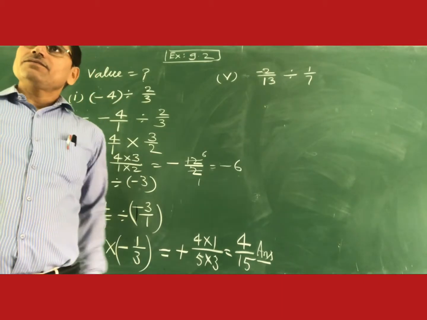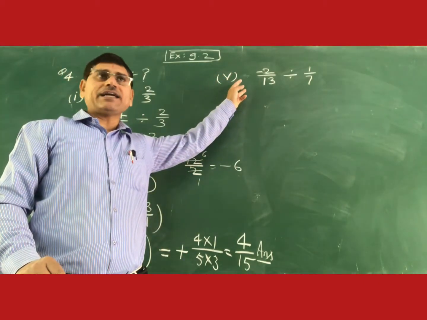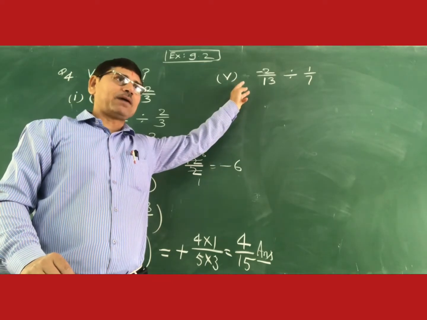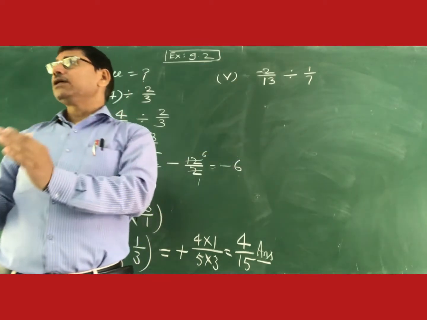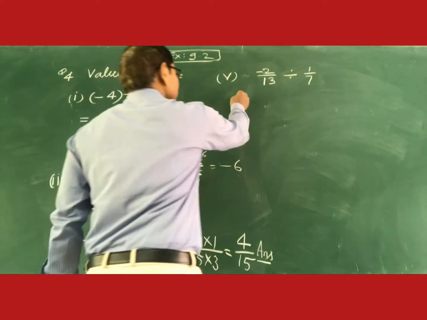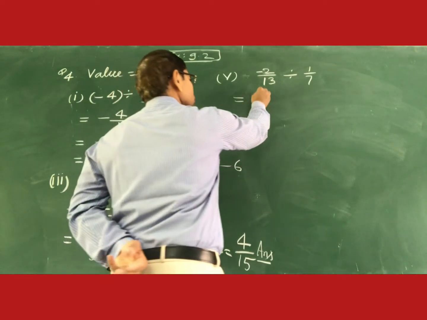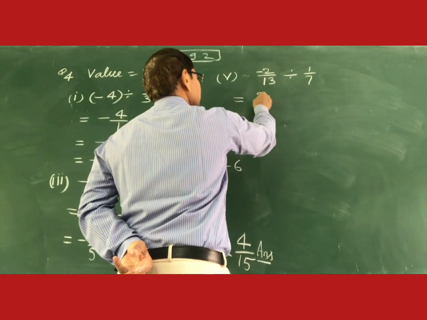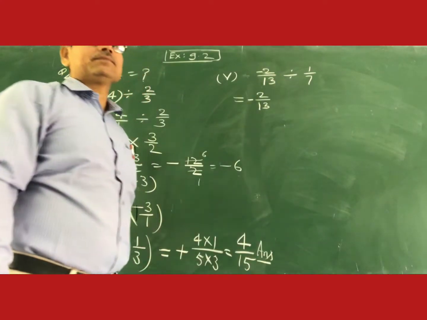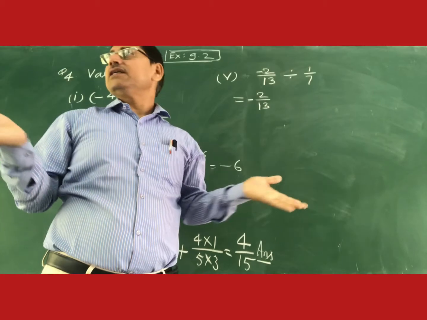Now try part number 5. Try to understand. This is the 5th part of this question. If you have any doubt, then clear your doubt. Very nice. So there you will write the first rational number same to same, that is 2 by 13. This is the standard form, no problem. And the second rational number is also in the standard form.